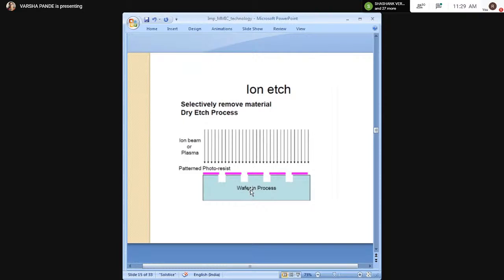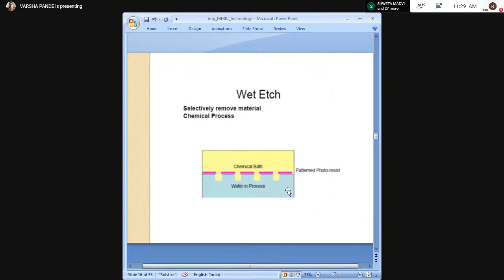At that time ion etching is used. Then wet etching: sometimes you want to etch some part at a time, then the wafer is placed within the wet etchant solution and the entire part is removed by the wet etching process. Like this, these processes are done.